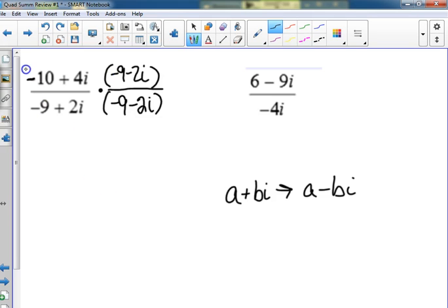Okay. So who can FOIL the top together for me? Come on. 90 plus 20i. Is that right for the outside? Inside is -10 times -2. Andrew, are we kidding?